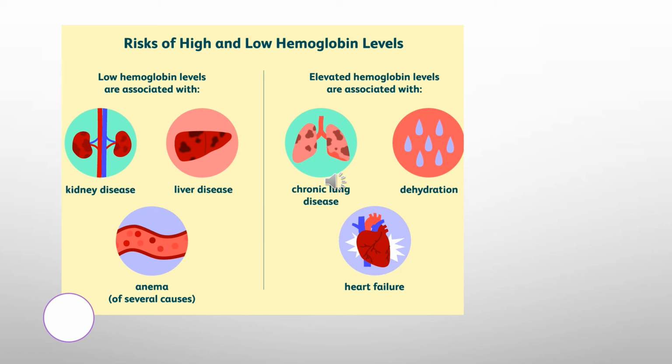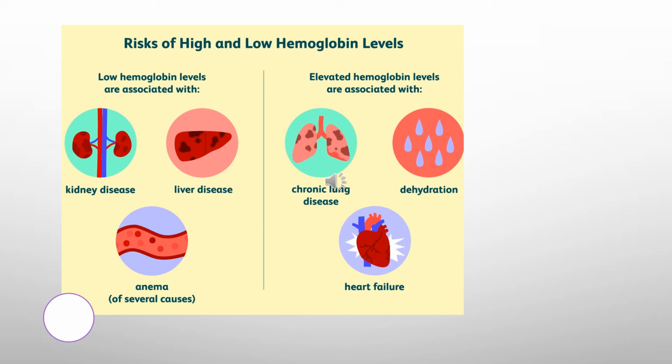Similarly, if the level of hemoglobin is more than the normal range, then also that person will have the risk of chronic lung diseases, or the risk of dehydration, that is a loss of excessive water from the body, and may have heart failure. Because if the hemoglobin level increases, the viscosity, the thickness of the blood, will increase, and that viscous blood, at the time of circulation, may put pressure on the heart and cause heart failure.